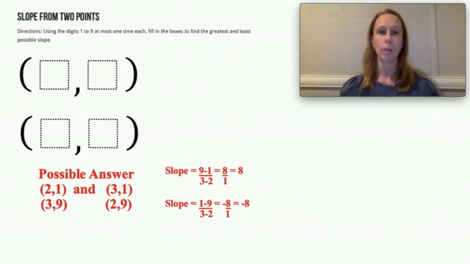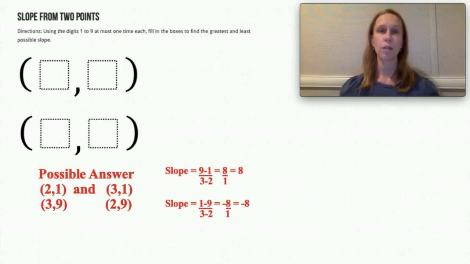So an answer would be either the ordered pairs 2, 1, and 3, 9 for the greatest slope, where if you take the difference in the y values over the difference in the x values, you end up with 9 minus 1 over 3 minus 2, which gives us a slope of 8. Or I could reverse the y values and do 1 minus 9 to give me negative 8 over 1, and so the least possible slope would be negative 8.